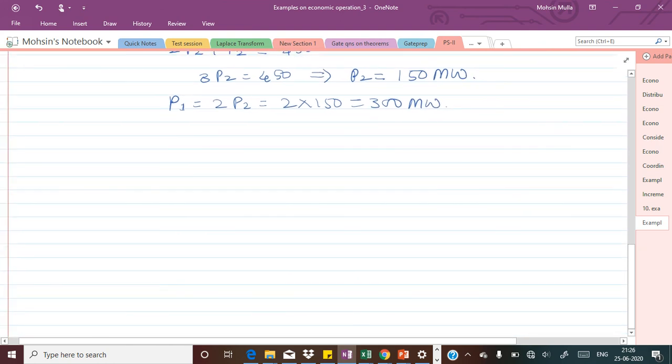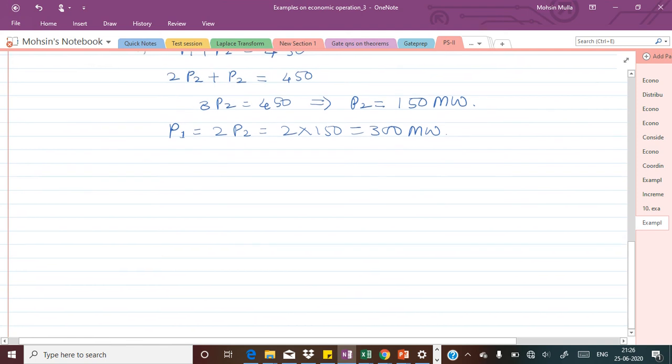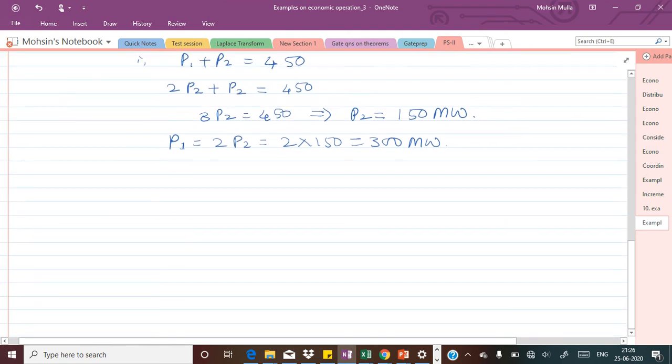Okay, so this is the economic load division between the two generators.